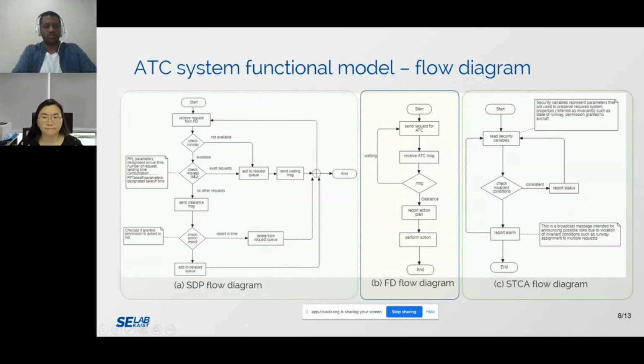We also have decisions to check the requests list and check action reports. This is typically what the surveillance data processing system uses, as a data flow diagram to represent the system. And we have this respectively for the flight deck system and also for the short-term conflict alert, as a case for the security systems.